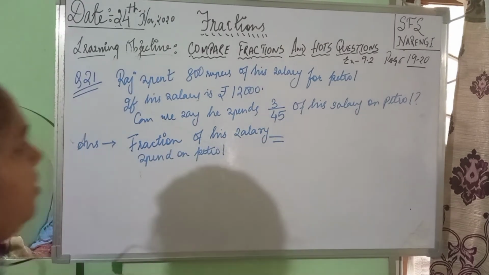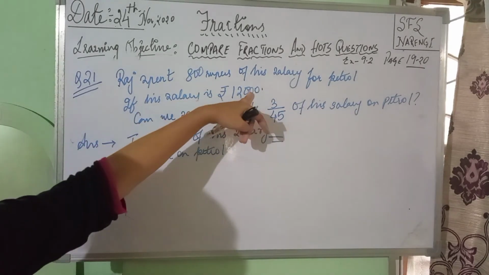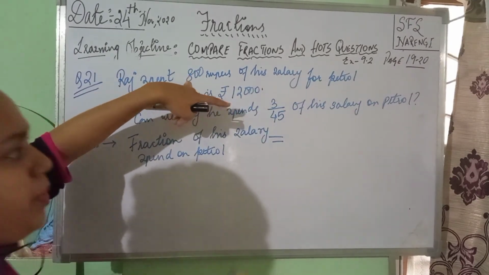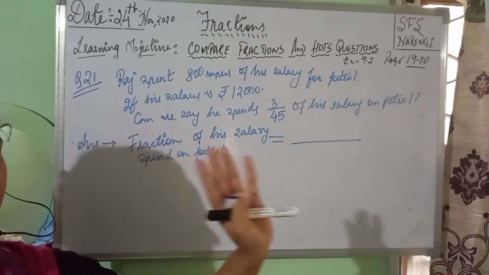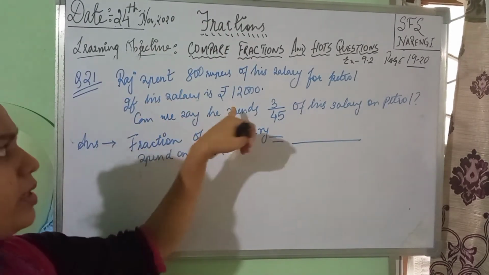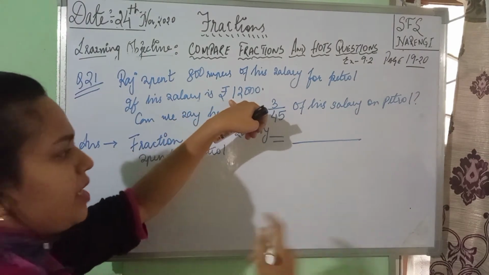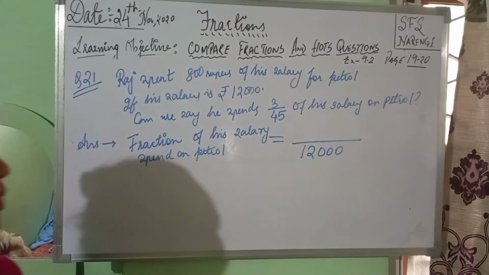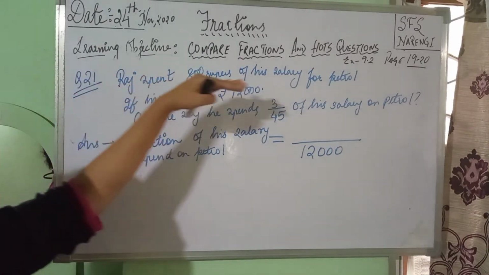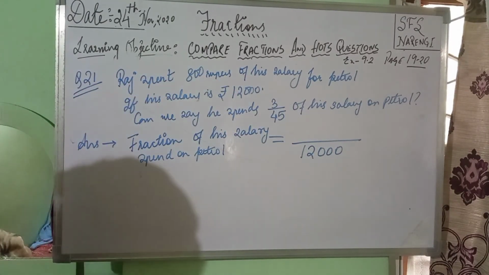So see, children, out of 12,000 rupees, he spends 800 rupees. So what is the whole? We know that a fraction is a part of a whole. So what is the whole here? What is his entire salary? 12,000 rupees. Okay, and what is the fraction that he spends on petrol? 800.